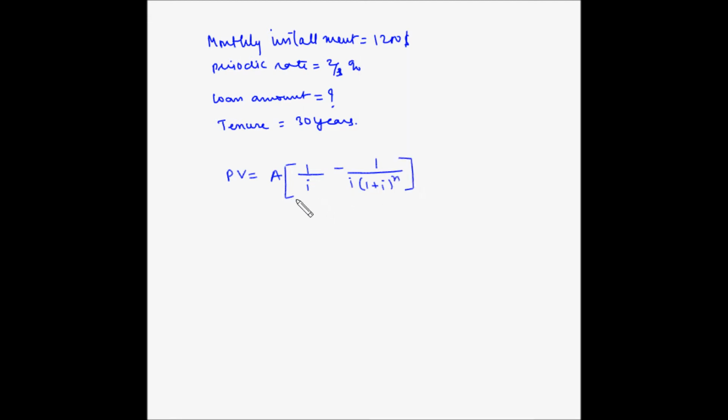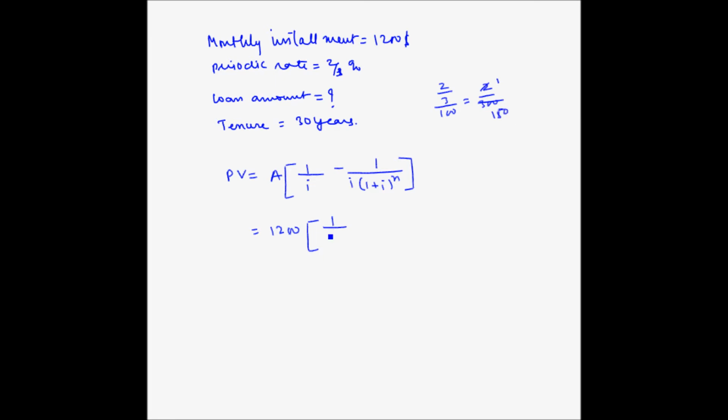Now let's plug in the values. So PV is to be found out. A is the monthly installment, which is 1,200. 1 divided by I. Now I is 2/3 divided by 100, which is equal to 2/300. This becomes 1/150.